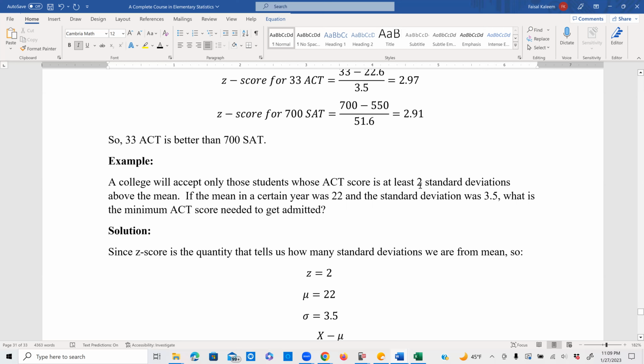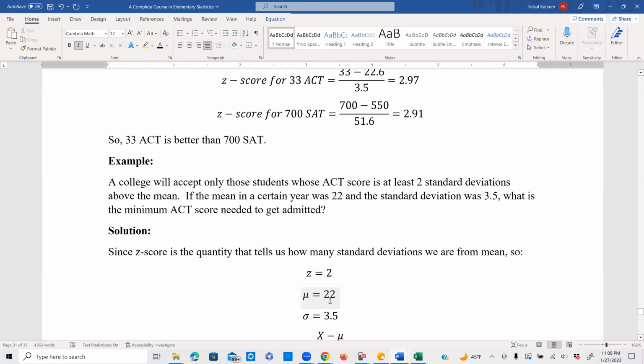Here we are 2 standard deviations above the mean, so z will be positive 2. If we are below the mean, then z is negative. So we'll calculate the score corresponding to 2 standard deviations, and we'll need at least that much.